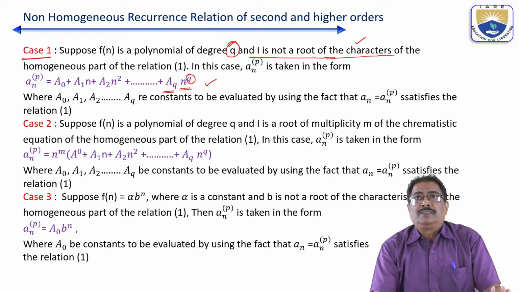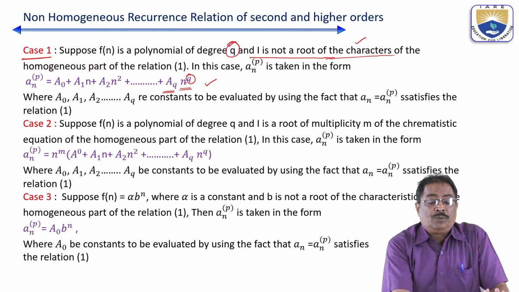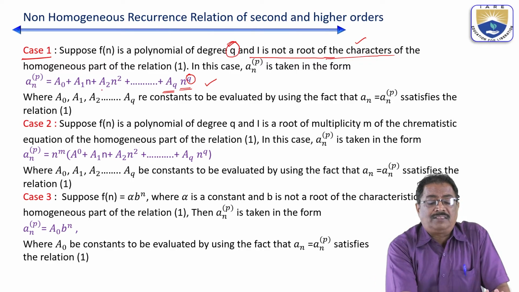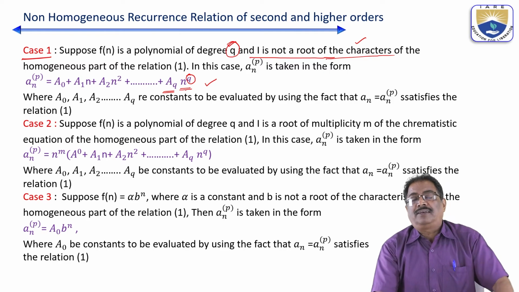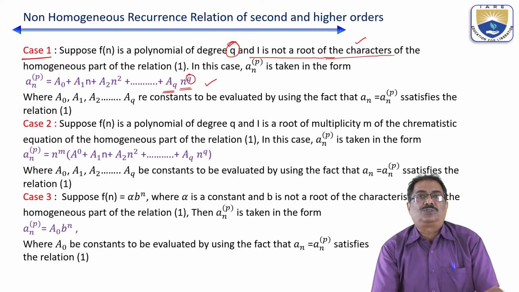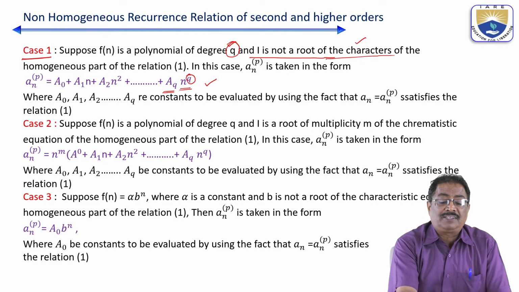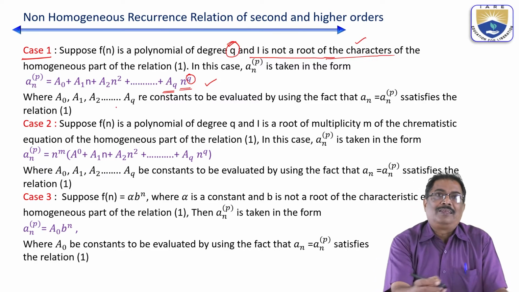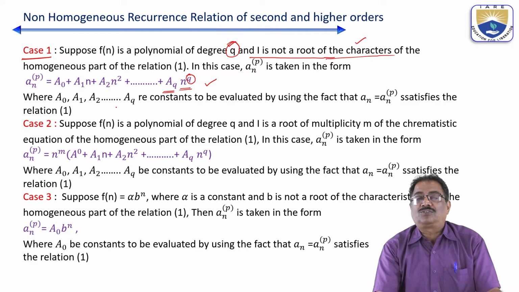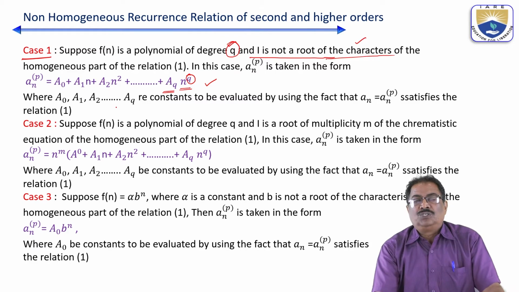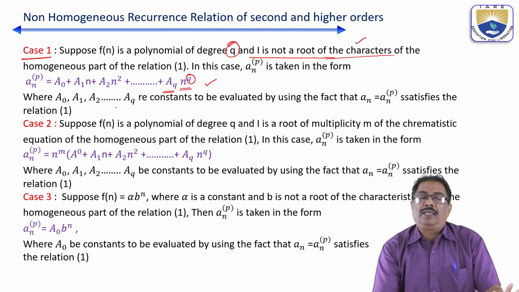Here we should not keep it all the same way, because if I consider a second order recurrence relation, there are already 2 constants in the homogeneous solution. The particular solution must be free from constants.